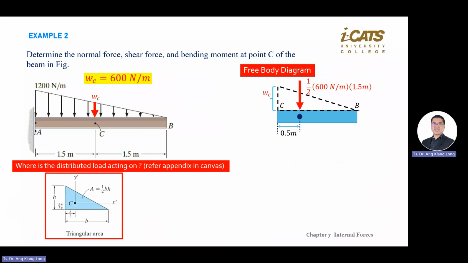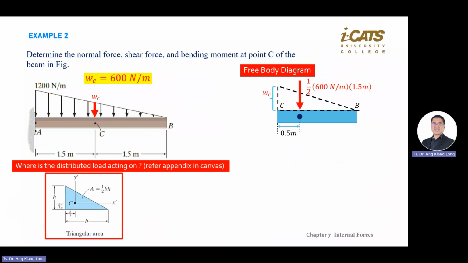Okay, in the appendix, this area actually is the weight of the force that is acting at this point. So, converting this distributed load into a focus load is done by using the appendix area formula.